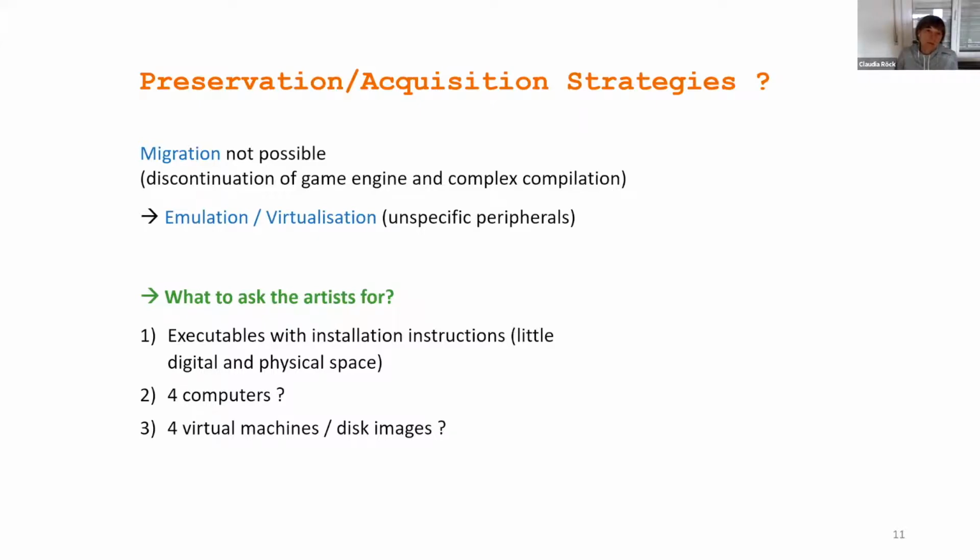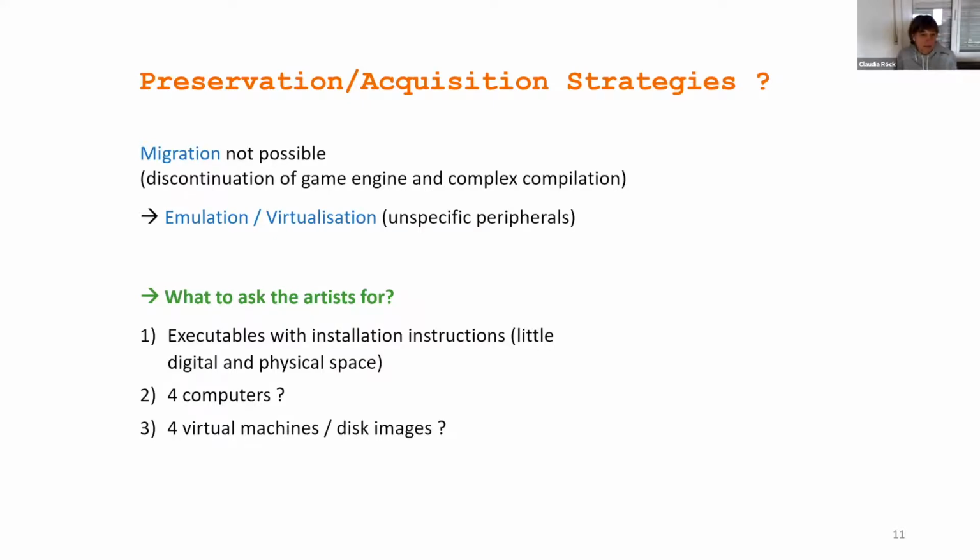So I had to exclude migration as this game engine is not supported anymore. And in addition, the artist told me that the compilation was very complex. What is left is the strategy emulation virtualization, and it's also possible because the peripherals are very unspecific, so there are no headsets involved. So it was kind of clear what strategy to choose.